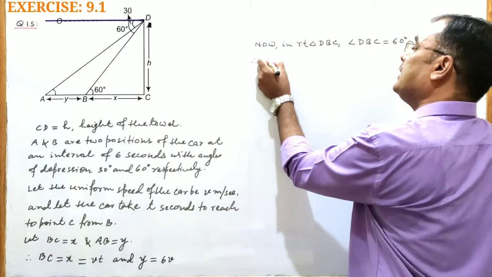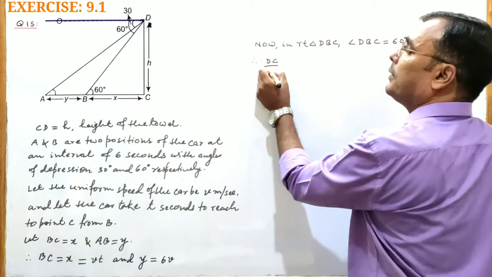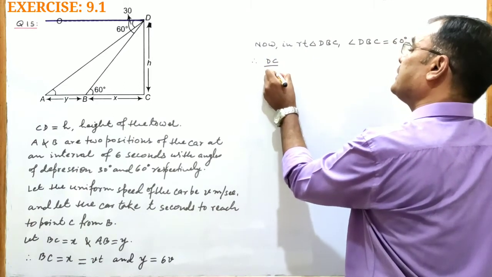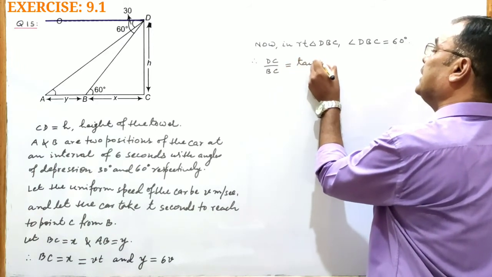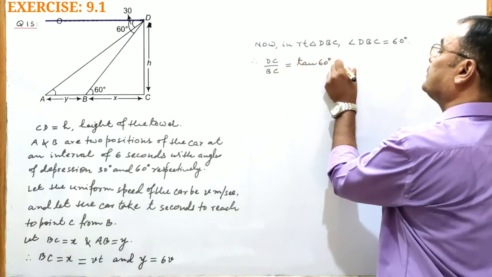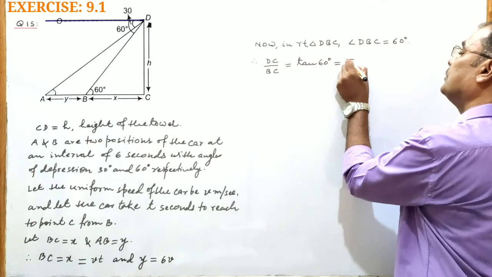Therefore, DC by BC is equal to tan 60 degrees, which is equal to root 3.